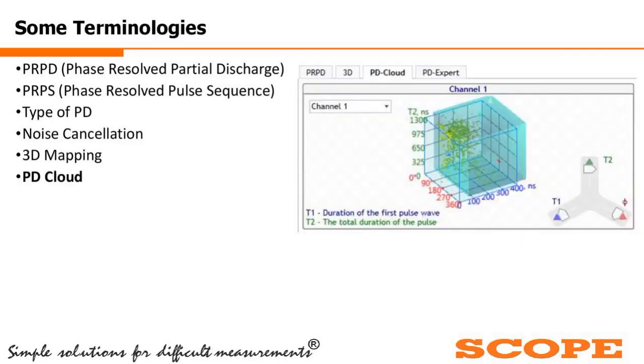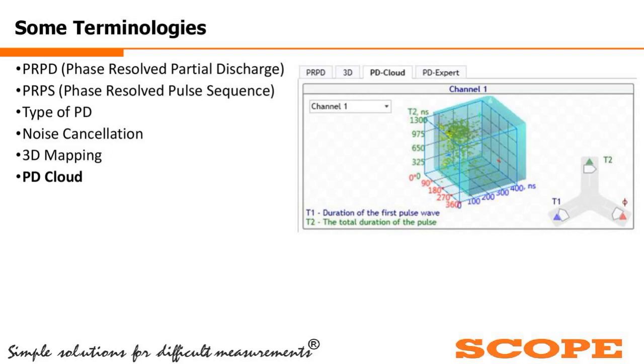So in a three-dimensional object, how the distribution of the partial discharge signal is happening, because when I am doing multi-sensor analysis, multi-sensor means I am simultaneously capturing data from more than one sensor. So the moment there is a partial discharge, the same signal will be picked up by all the sensors or the majority of the sensors.